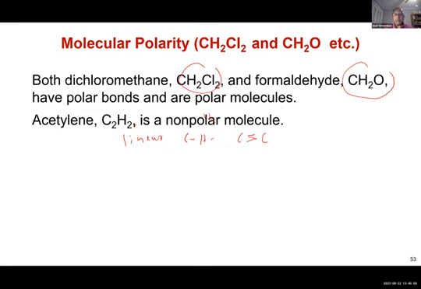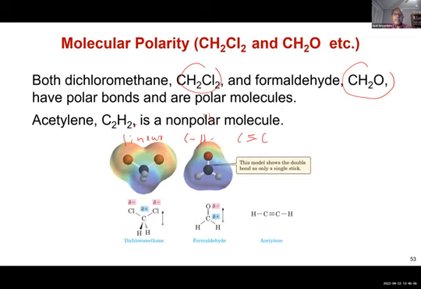So it's a non-polar molecule regardless of the shape. So this is the carbon, this CH, first one, CH2Cl2. Therefore, it's a polar molecule. There's a polar molecule as well. I talked about this.